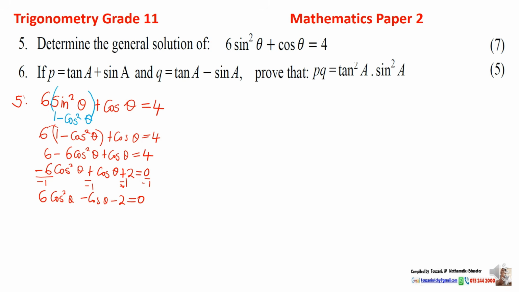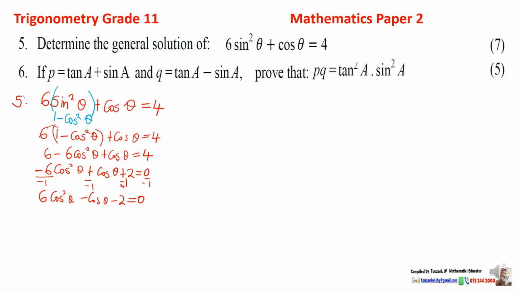From here, you have two options. One option is to factorize this equation. The other option is to use the quadratic formula, or you can also complete the square. So you have to make a choice as to which one you can use to work out your answer.